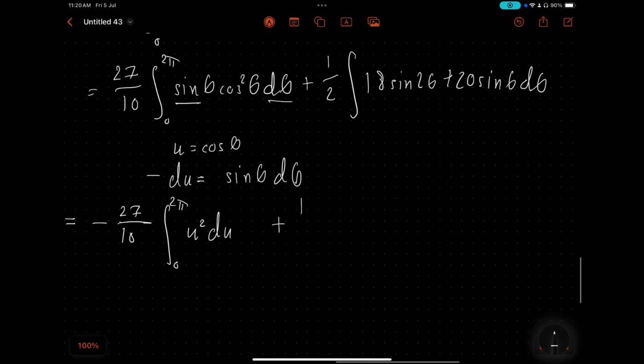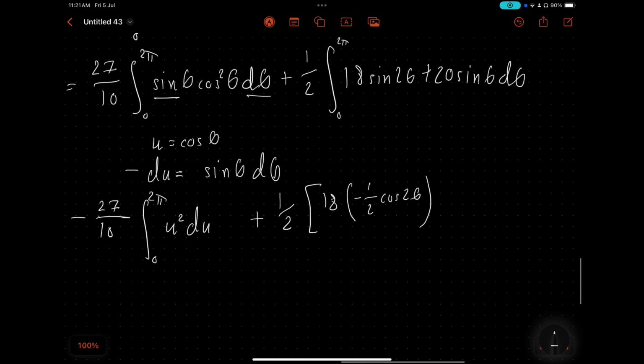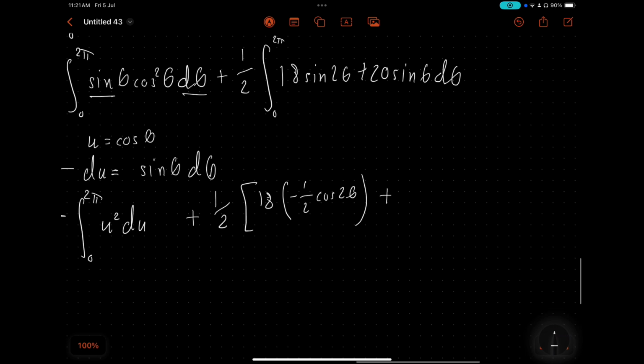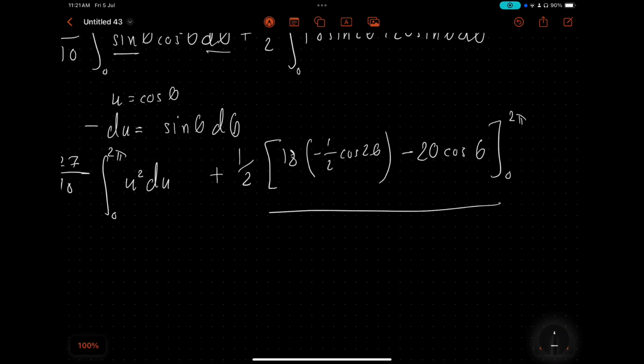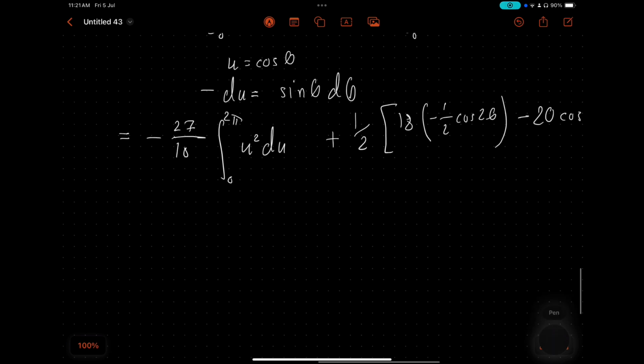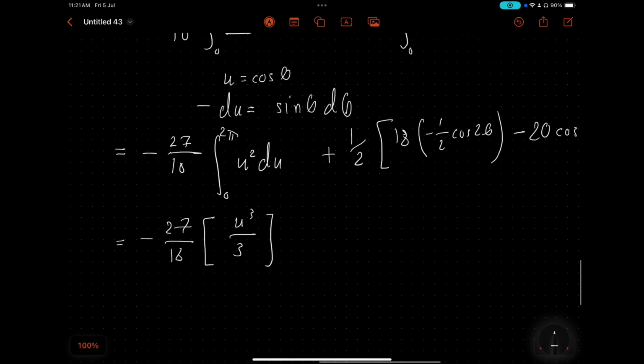For the other part it's just 1/2 times 18 from 0 to 2π of minus 1/2 cos 2θ, plus or minus 20 cosθ from 0 to 2π. Now this looks like a 0. I can sense that this is going to be 0, this part, but let's see. This can just integrate, so minus 27/16 times u³/3, and for u we just get cosine back, so cos³θ from 0 to 2π.